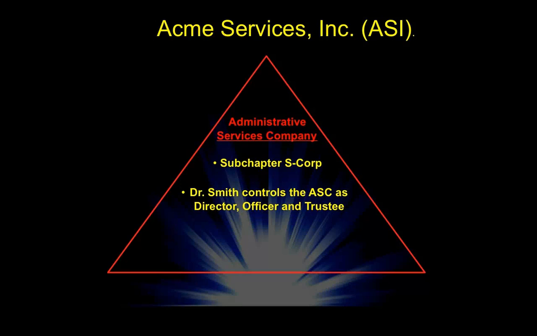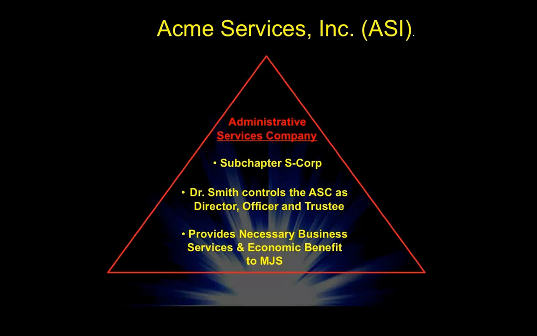Now, Dr. Smith controls the ASC. He is the director, he is the officer, he is the trustee of the administrative services company. So he's going to be involved in it from the standpoint of representing the shareholder. He's going to be involved in it from the standpoint of being a director and officer of the corporation as well. Now, the entity is going to be a specific purpose entity.